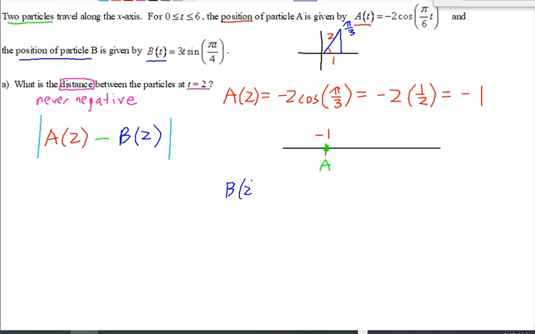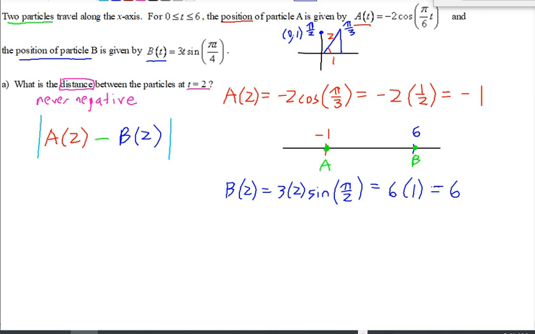So for b of 2, it's 3 times 2 times the sine of, when you plug in 2, that becomes 2 pi over 4 reduces to pi over 2. Pi over 2 is right here. And the sine is the y coordinate, 1 right there. So that just becomes 6 times 1, which is 6. So on the number line here, 6, that would be where particle B is at.